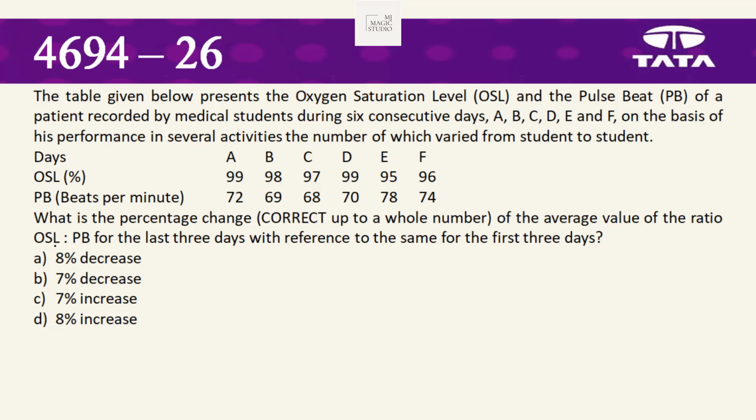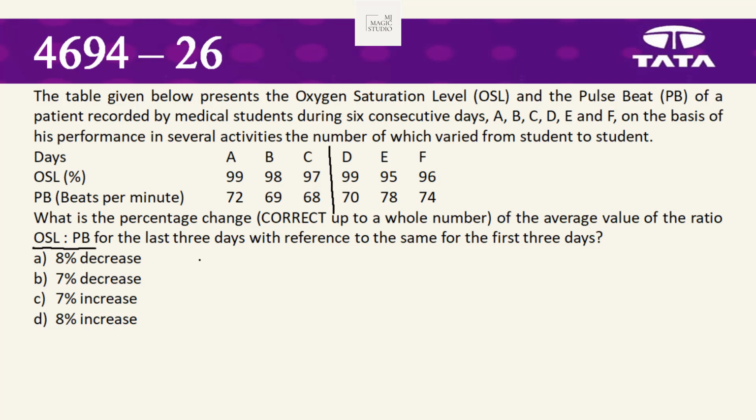Days, OSL, beats per minute. What is the percentage change of the average value of ratio OSL to PV for the last 3 days with reference to the same for the first 3 days?